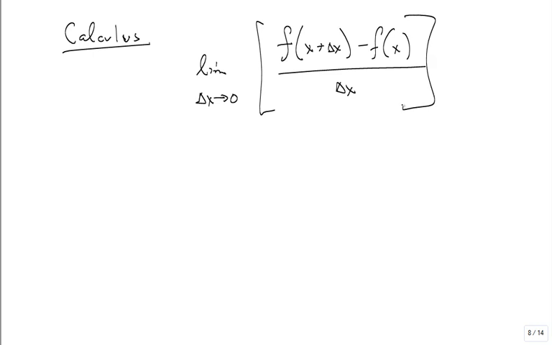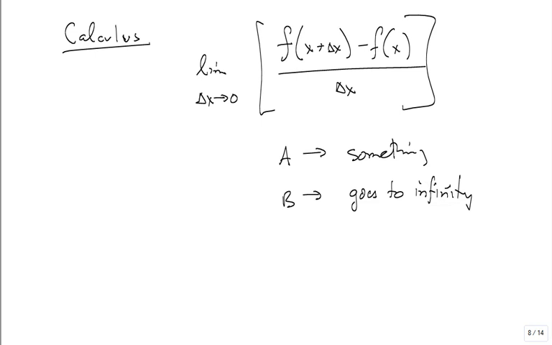I ask the question, clicker question, answer A or answer B. This limit of this quotient is either something or it goes to infinity.